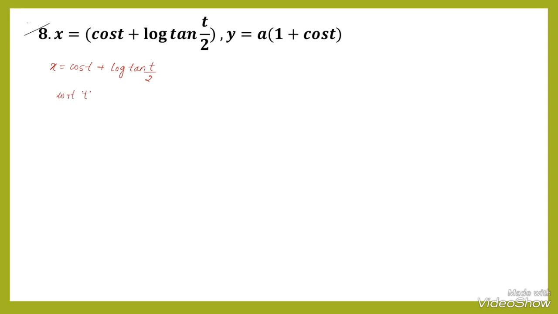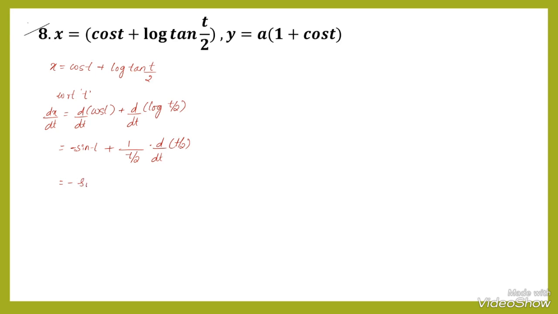Differentiate with respect to t only, that is dx by dt is equal to d by dt of cos t plus d by dt of log tan t by 2, differentiating separately. Differentiation of cos t becomes minus sin t, plus differentiation of log, that is 1 by x. In place of x, we have t by 2, and again I will differentiate t by 2.